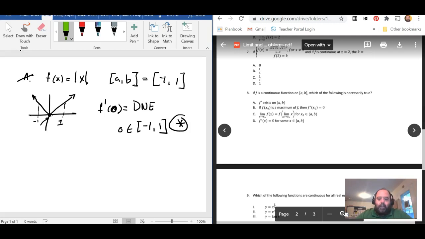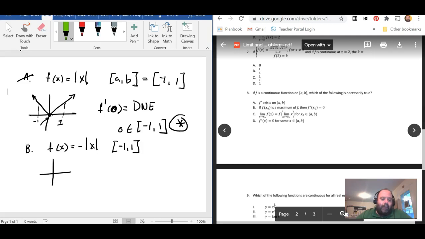So let's look at B, right? B says that if it's a maximum, then the derivative has to be 0. So look at this one. Let's make f of x equal to negative the absolute value of x. Alright, so we're going to make the interval from -1 to 1 again.